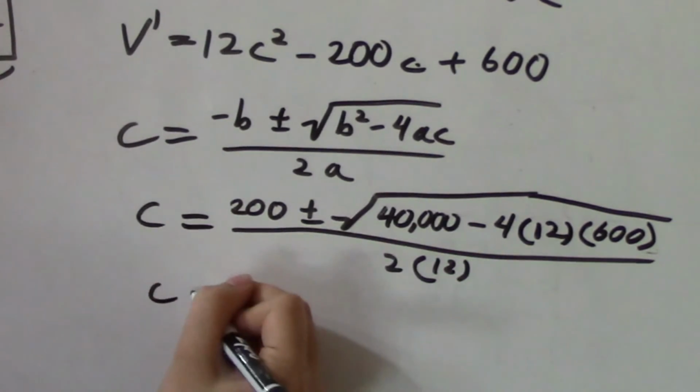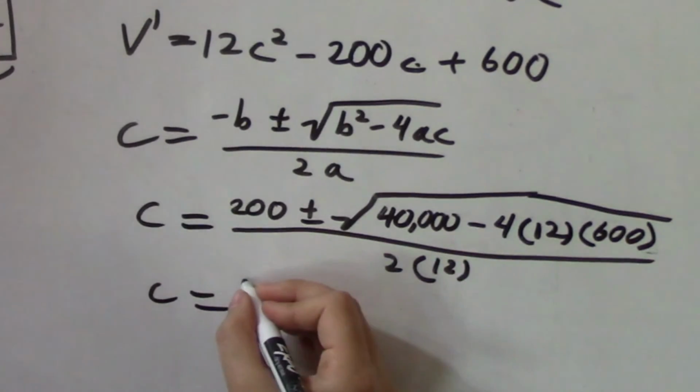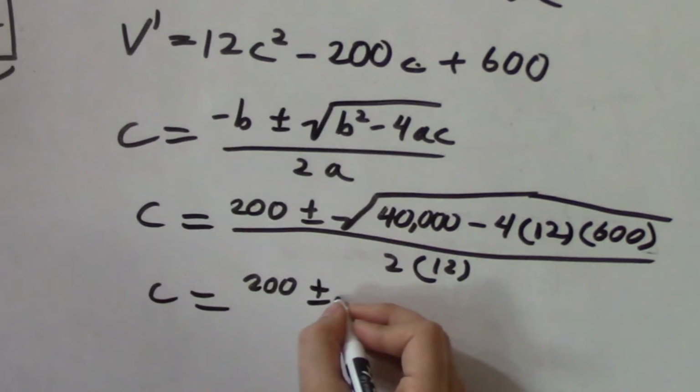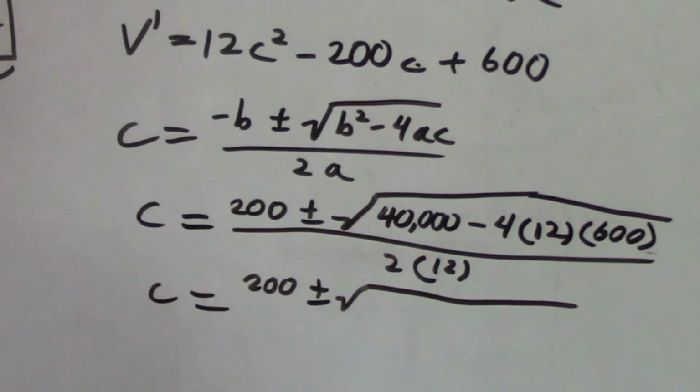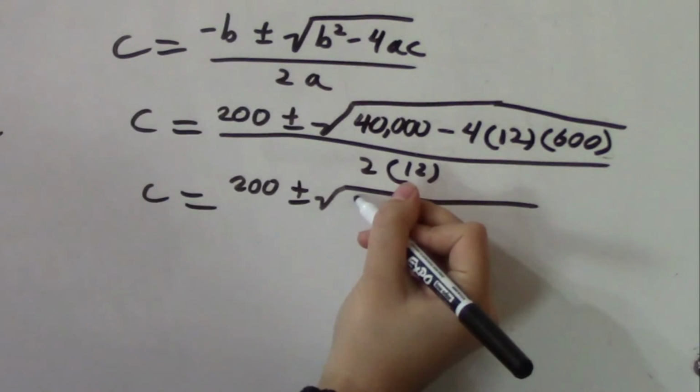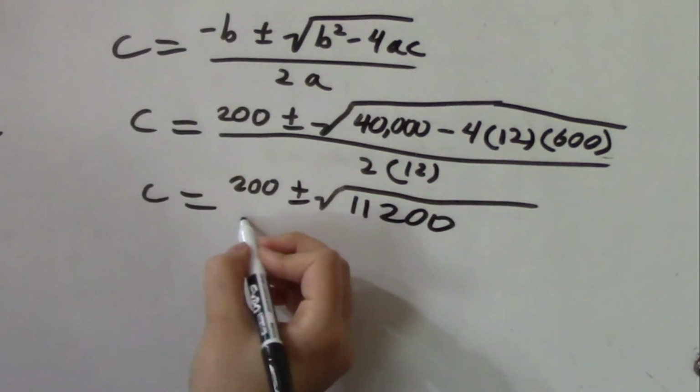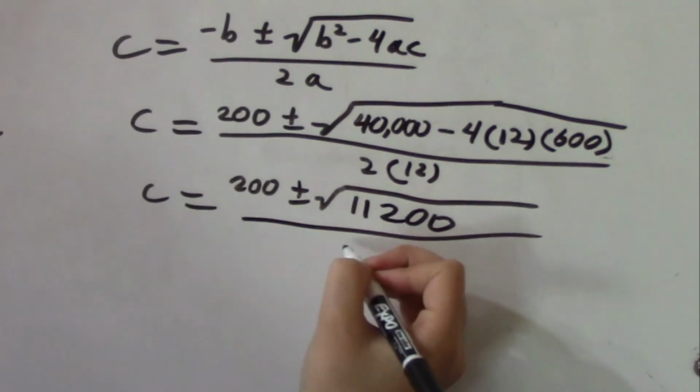And that will equal 200 plus or minus the square root of 11,200 over 24.